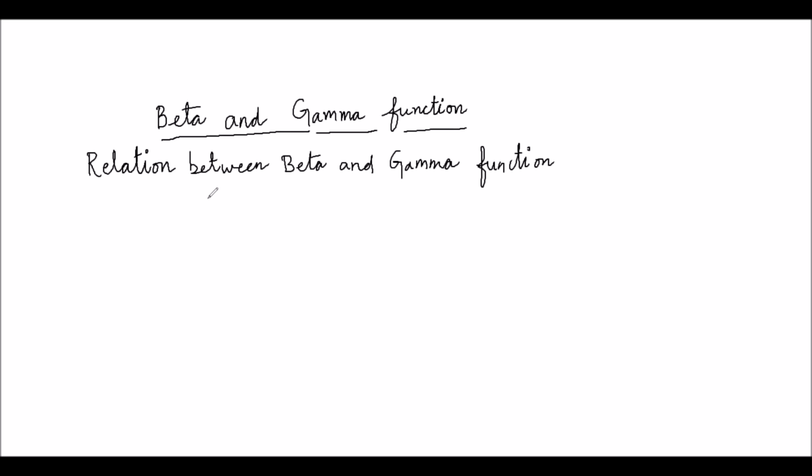So if I write that relation, the relation between beta and gamma function is beta of m and n. This is equal to gamma of m, gamma of n, divided by gamma of m plus n.